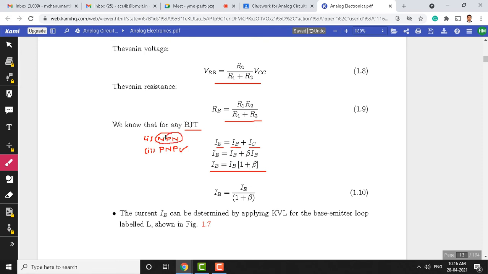Same with MOSFET also. You might have seen MOSFET devices. What are the different types of MOSFETs? Though we have not covered it here, from electronic device fundamentals, I am asking about the different types of MOSFET. N channel MOSFET and P channel MOSFET.